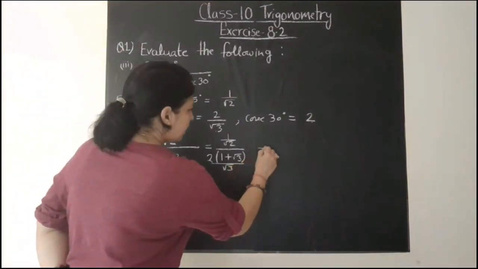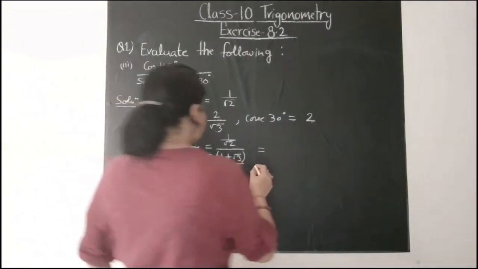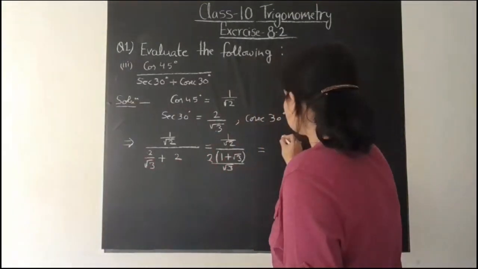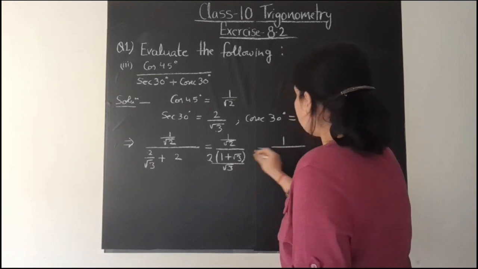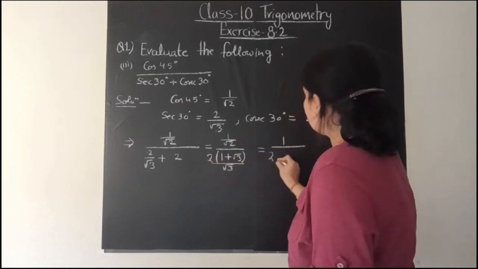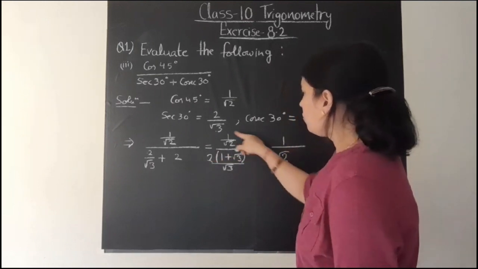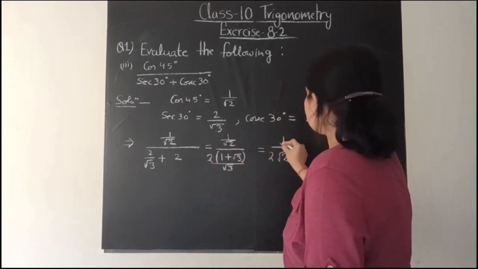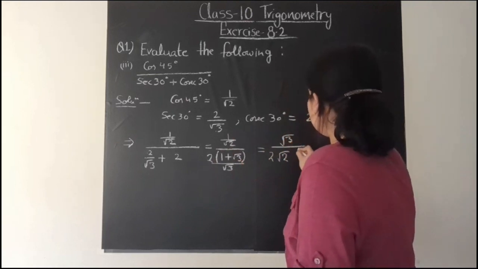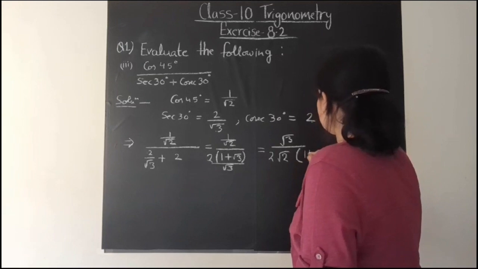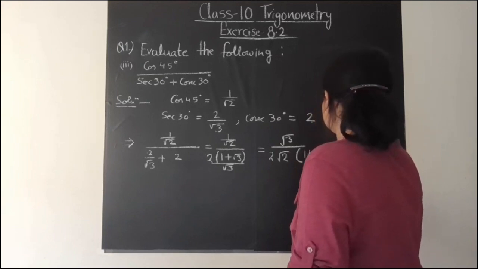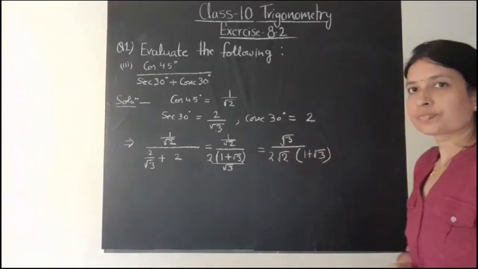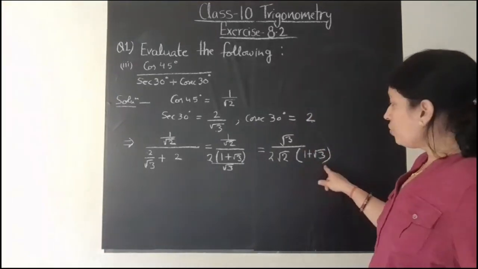So now we can write 1 by this root 2, and this root 3 will go here, so it will come root 3, and here it is 1 plus root 3. So we multiply here the conjugate number.